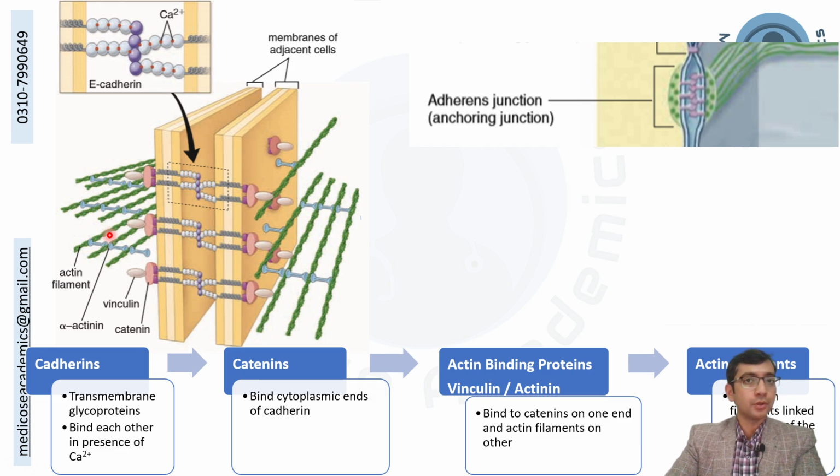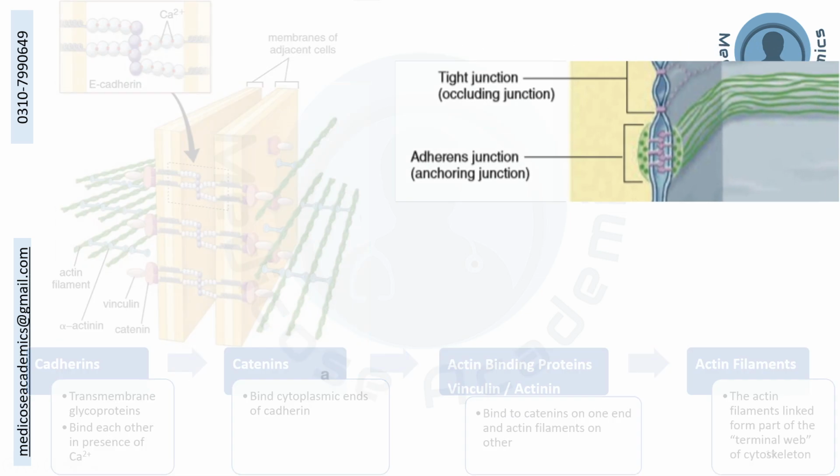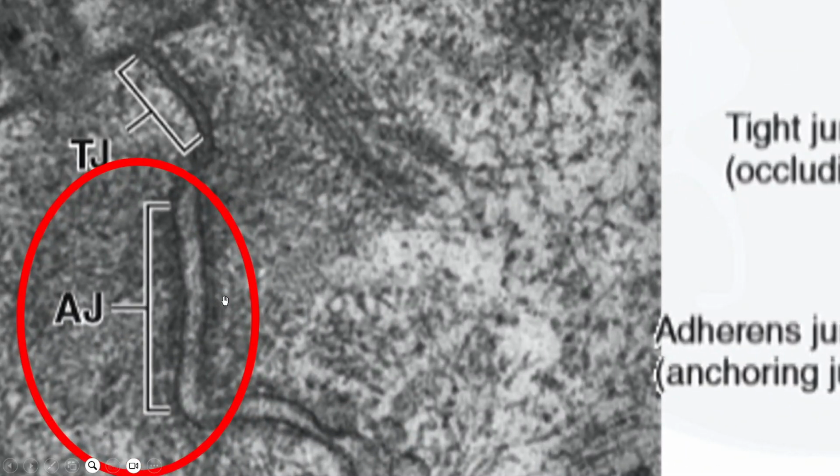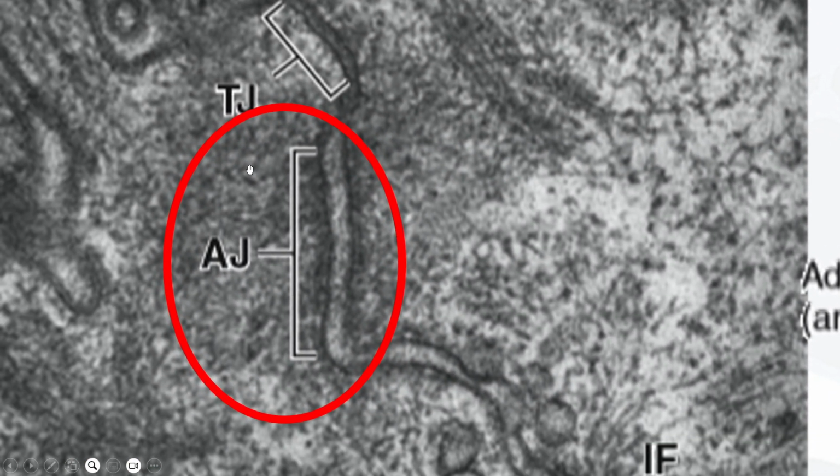So this is how the adhering junction is formed. Now, bringing you back to the same picture, here you will see the adhering junction, and as you can see, compared with the tight junctions, there is a little bit of gap shown between the two cell membranes. And just below the cell membranes, you can see this dense area. It is made up of those anchoring proteins.